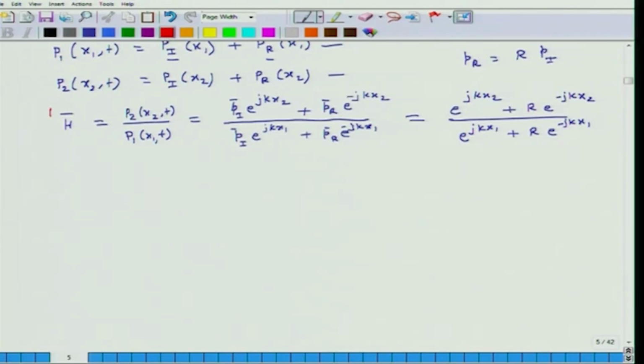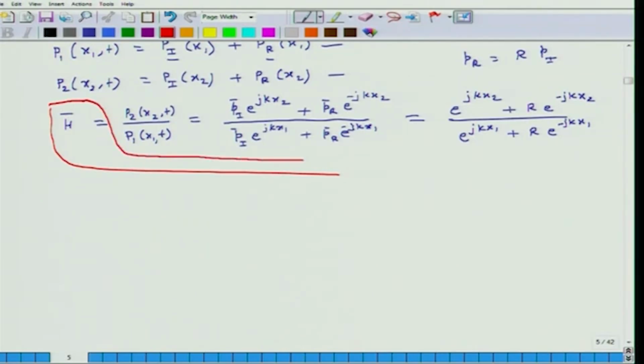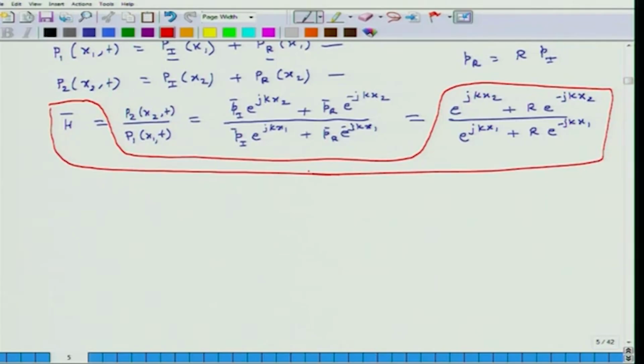Now I look at this equation, and think about it. In this equation, h is the transfer function. Can I measure this transfer function?